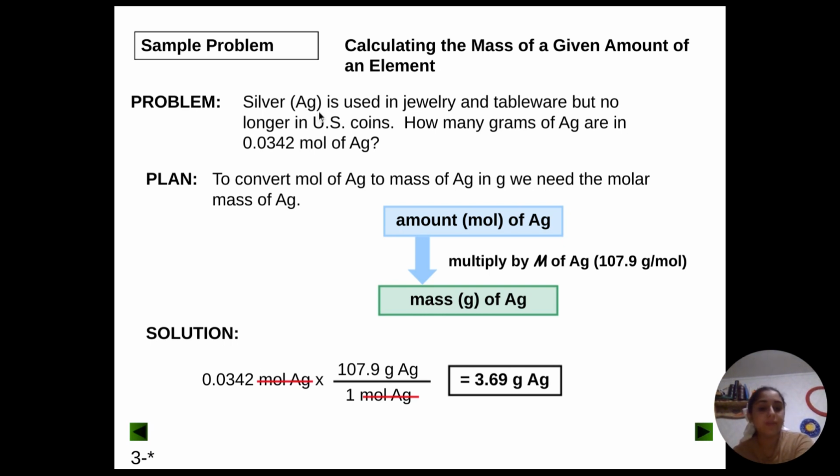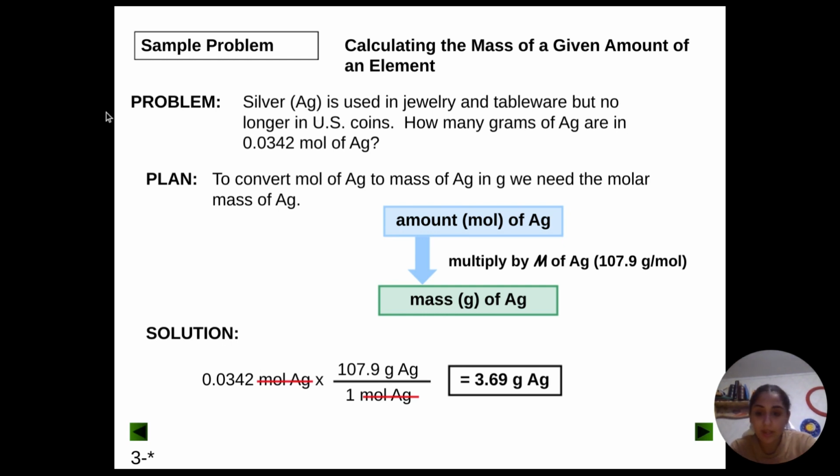To convert moles of silver to the mass of silver in grams, we need the molar mass of silver. So the amount of moles of silver multiplied by the molar mass of Ag, which is 107.9 grams per mole, gives you your mass of silver in grams.